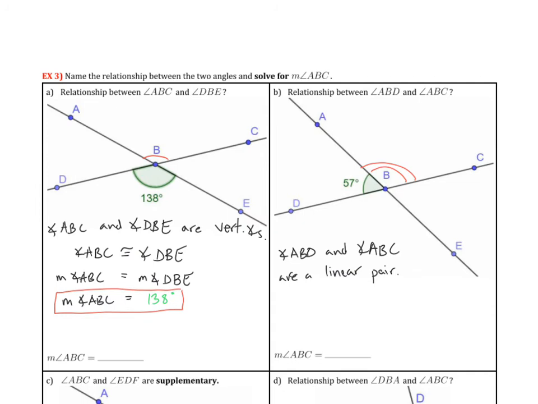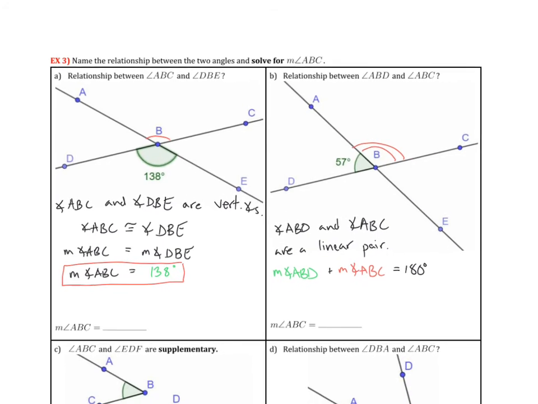Now, let's go ahead and figure out what the measure of angle ABC actually is. Because the measure of angle ABD added together with the measure of angle ABC is 180 degrees, we can now substitute and then solve for the measure of angle ABC.